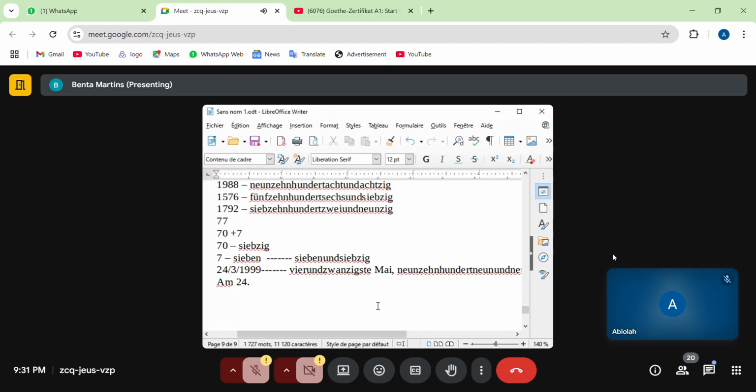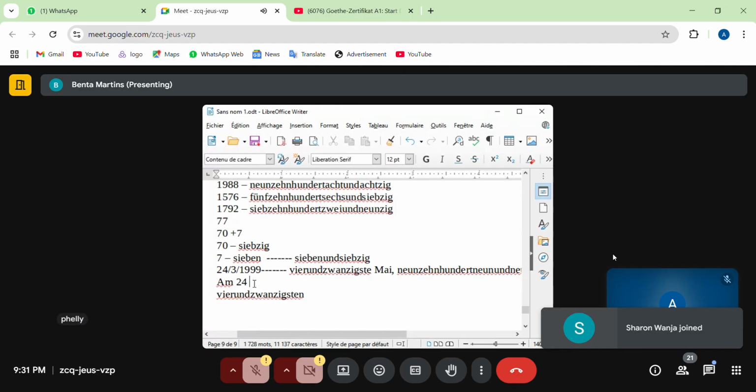So vier und zwanzig. Okay, so vier und zwanzig. Mai, not Mai, März.